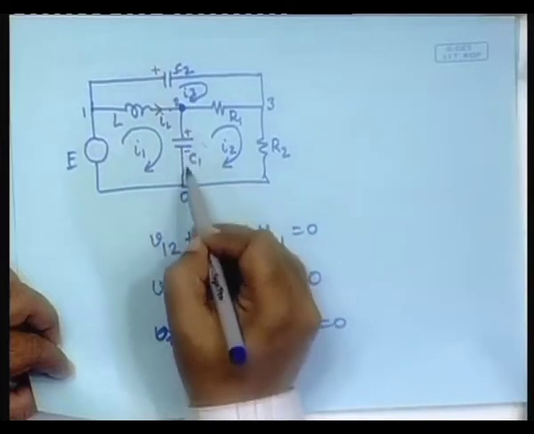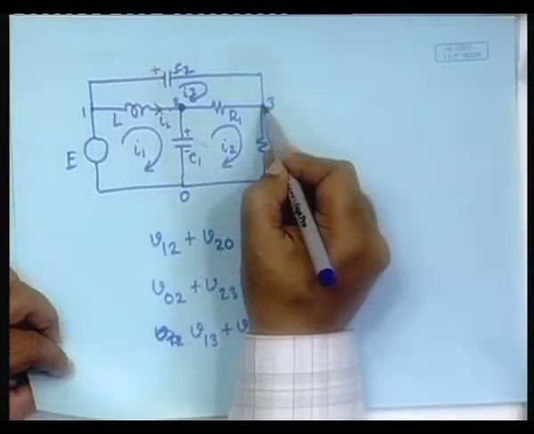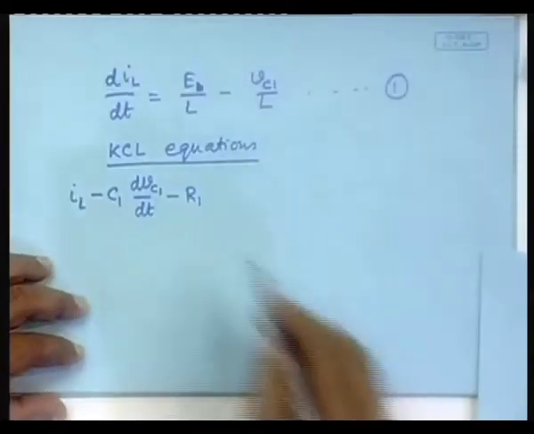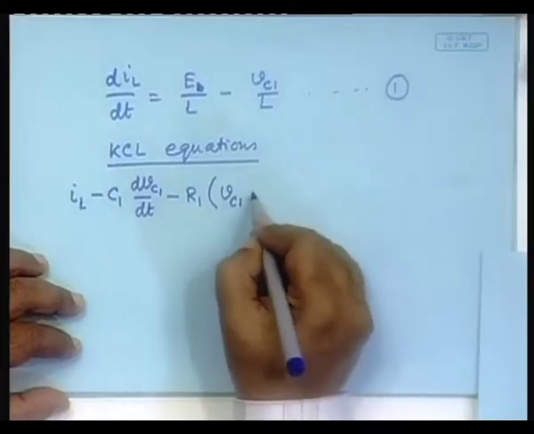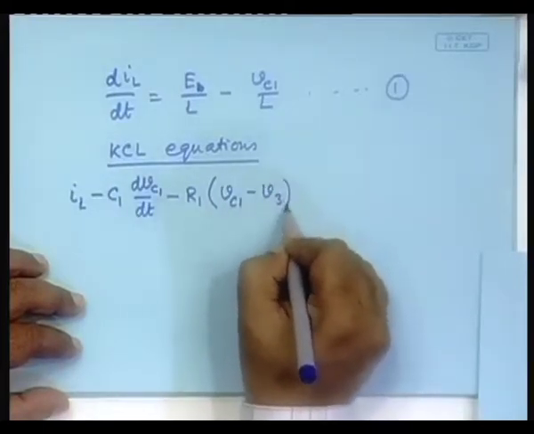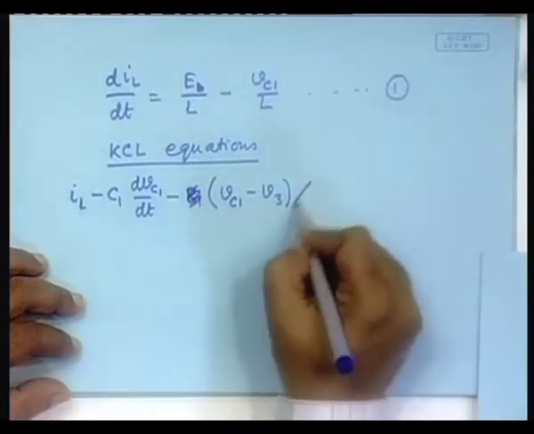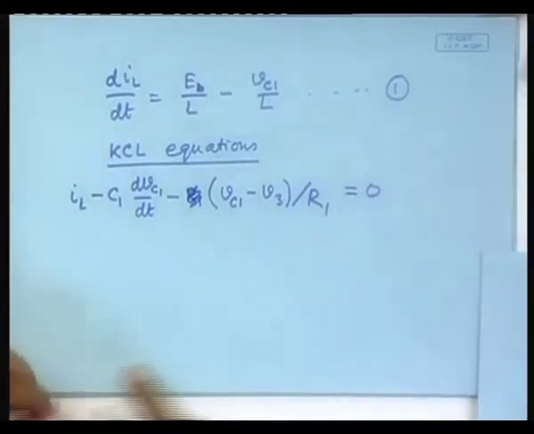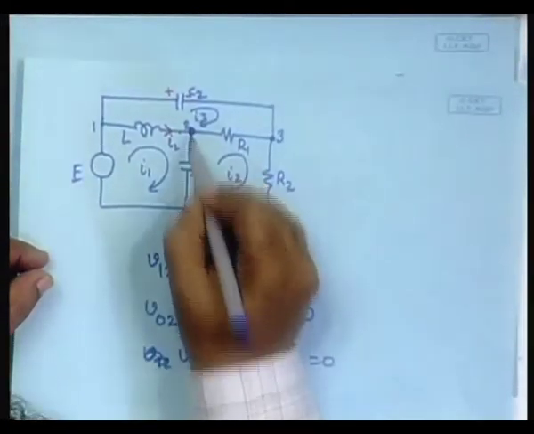Here the potential is Vc1 and here the potential is say V3, this point, so Vc1 minus V3 over R1. I want the current, yes. Okay. So, this is the equation in this node.